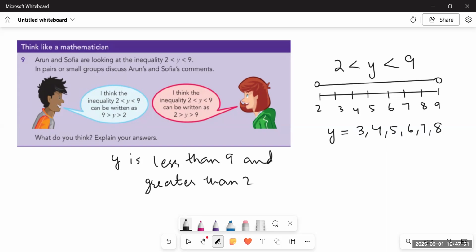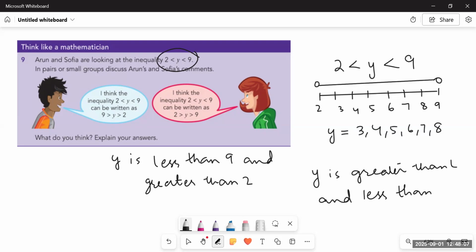Previously it was y is greater than 2 and less than 9. So you can match that the previous inequality given in the question is exactly the same as Aaron's statement.